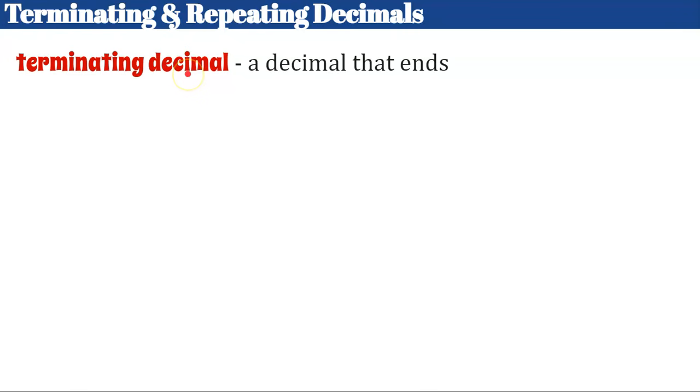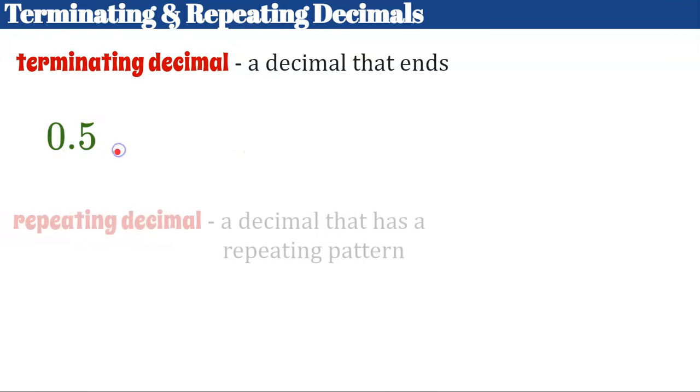Now I mentioned that terminating and repeating decimals were also rational numbers. A terminating decimal is a decimal that ends. So 0.5 is an example. It ends. There's no repeating sign, there's no other digits, there's no ... telling you it extends infinitely. It ends, it terminates.